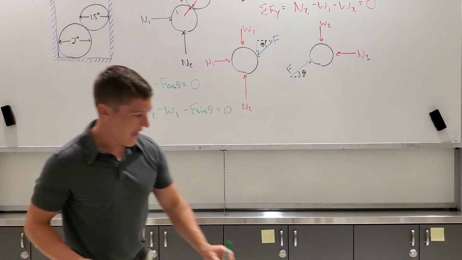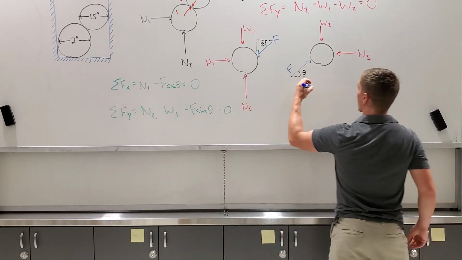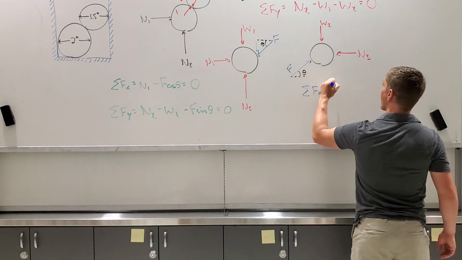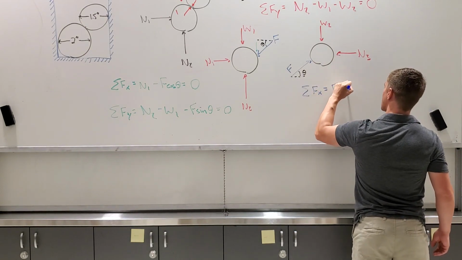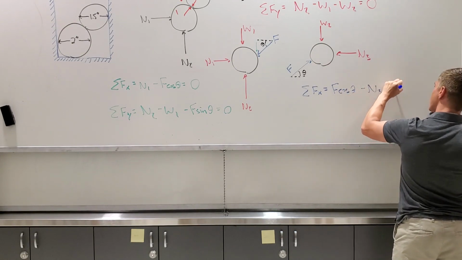Finally, let's take a look at the 1.5-inch steel ball bearing. The sum of my forces in the x direction is a positive F cosine theta minus N3 equal to 0.